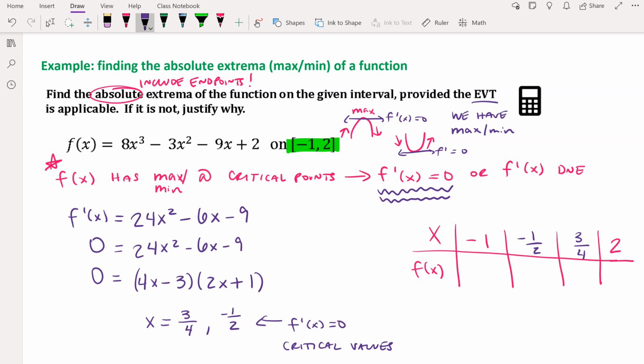Now we're going to actually find the values. We're plugging these in, and I've plugged them into my calculator to find the f of x values down here. This is a calculator-okay question.